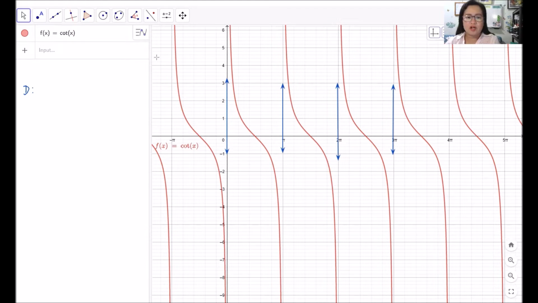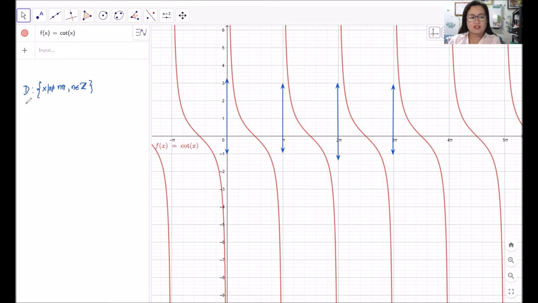Therefore, the domain would be the set of all x such that x is not equal to n pi, where n is an element of the set of integers.